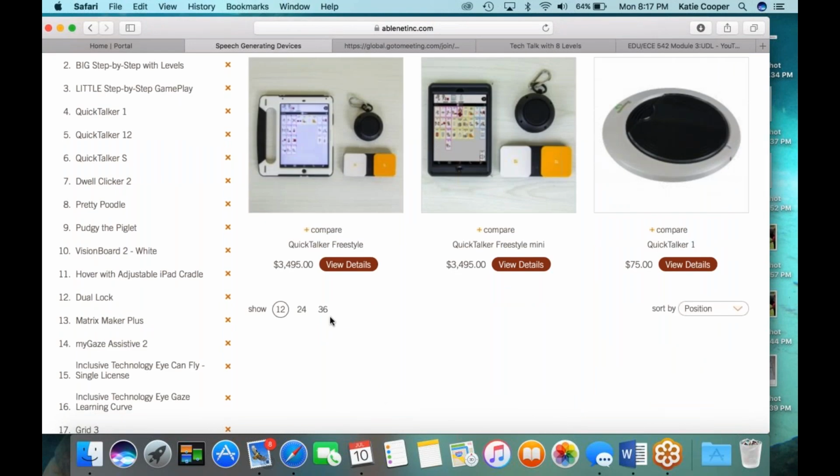That's actually one of the great things about iPads: if you look at how much this is, $3,495. Even the most expensive iPad doesn't cost that, and Proloquo to Go costs $200, which is a lot for an app. But when you're comparing it to $3,500 for this device, it's really not that bad. But yes, they have eye gaze.